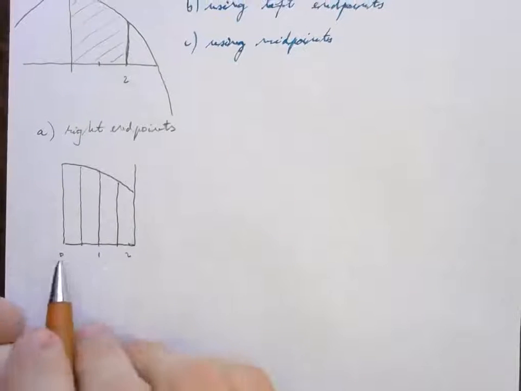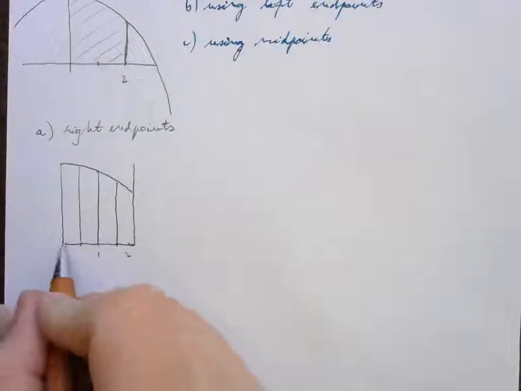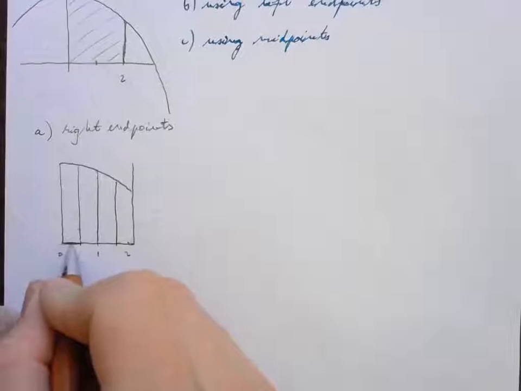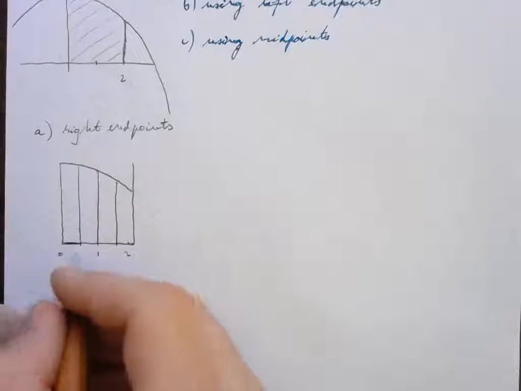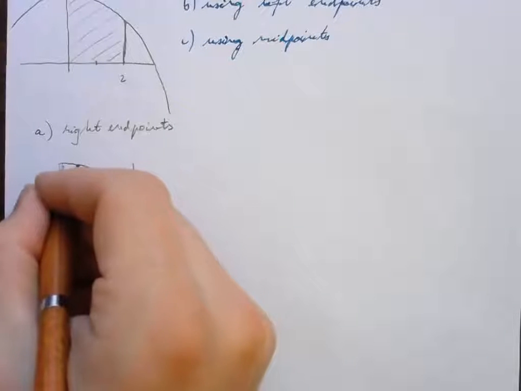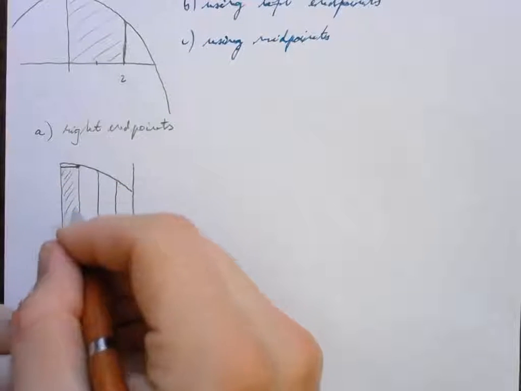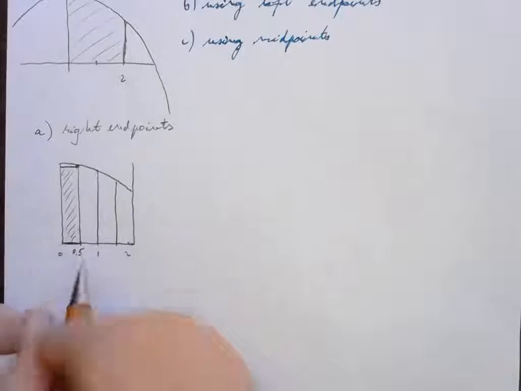And now what I do is I look at each rectangle. Notice that the sides of the rectangle are going to determine an interval on the x-axis. When I say using right endpoints, I'm going to choose the point on the right. And that is going to determine the height of my rectangle. So I'm going to be using this, and this is at 0.5.